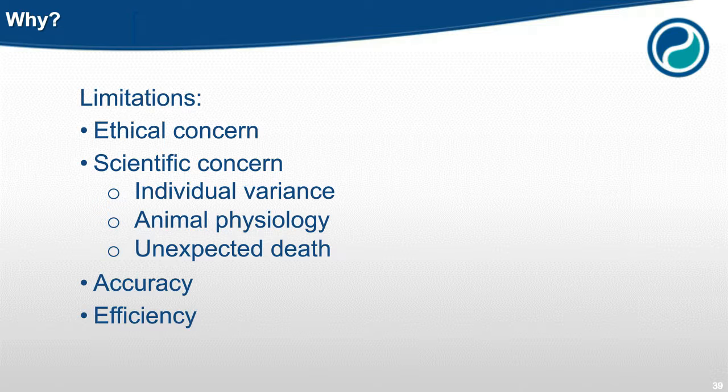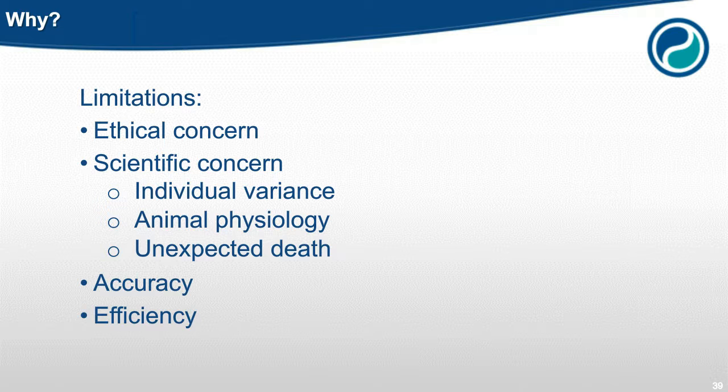Another one is animal physiology. Especially at the first several time points, the sample needs to be collected very frequently from the same animals. And a quick reduction of blood volume in each animal could cause a change or impact on the animal physiology, which can affect the ultimate PK result also.